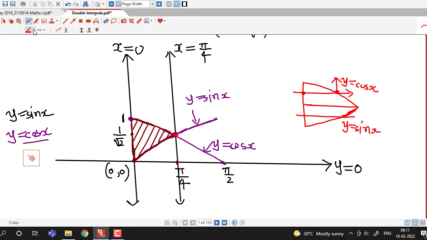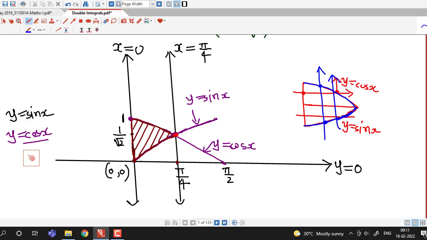But if we select order of integration as first with respect to y, then we will consider a vertical line, and we can see that the vertical line will enter at a point that will always be on y equal to sin x, and it will leave on the same curve y equal to cos x.